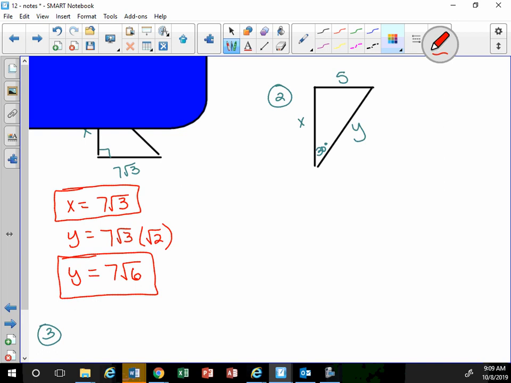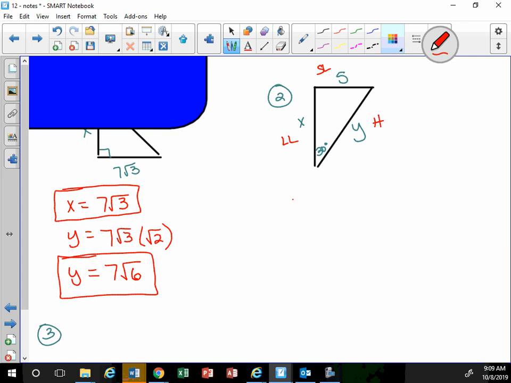And then you can just reference those when you go through the equations. So what is the 5? That's your short leg. What is X? Long leg. And what is Y? Hypotenuse.